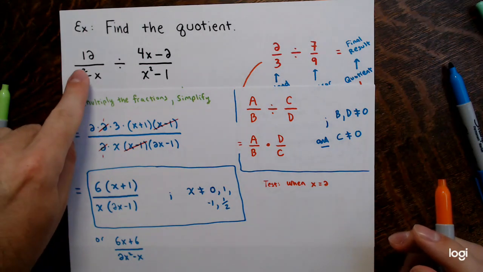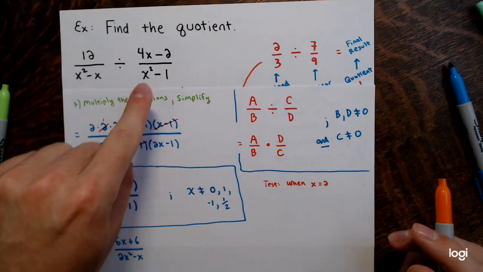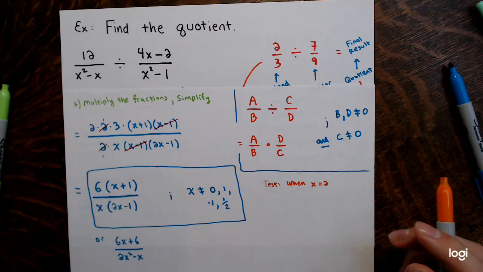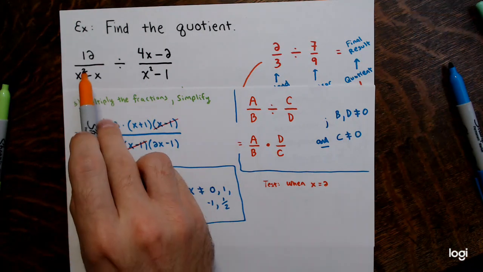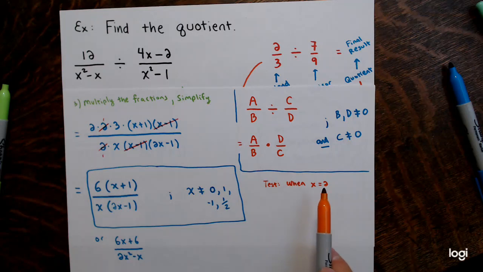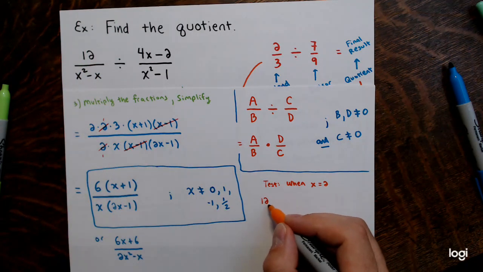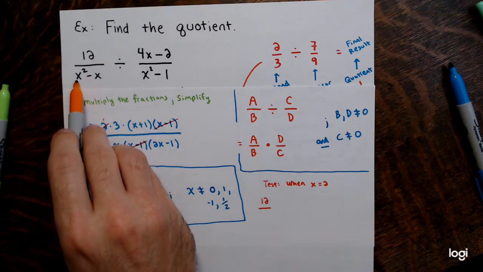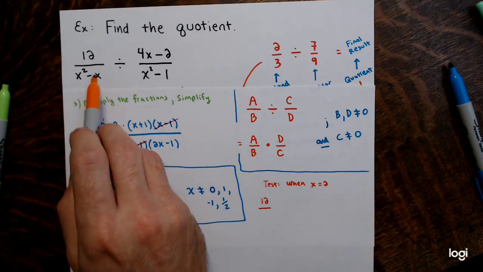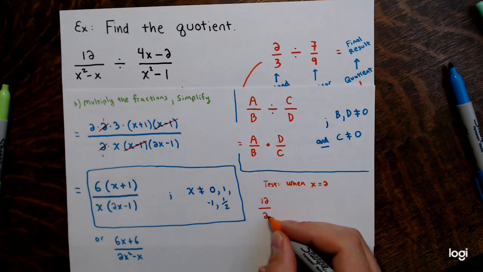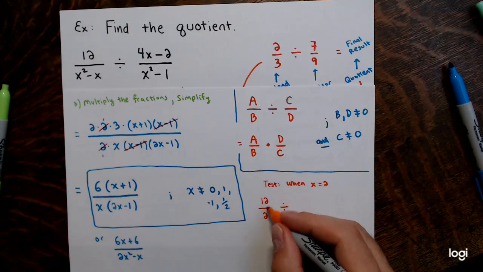And this division should be equal to this number here. So let's look up here. When x is 2, this fraction would be 12 divided by, and then 2 squared minus 2. That'd be 4 minus 2. That's 2. So that's 6.